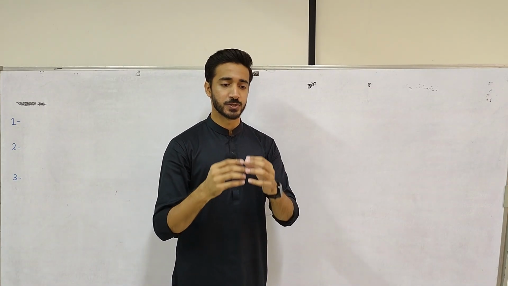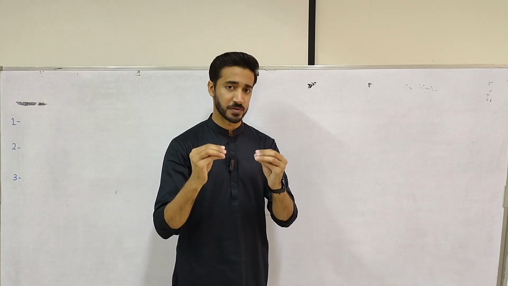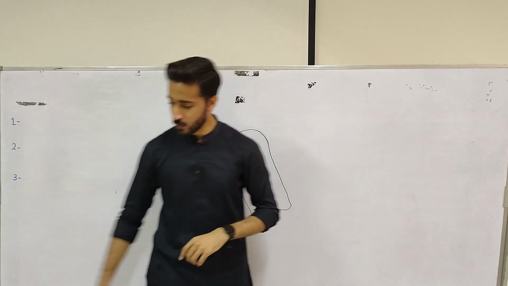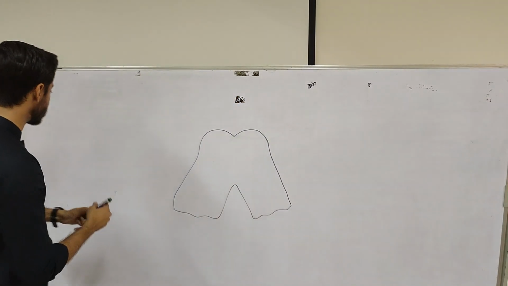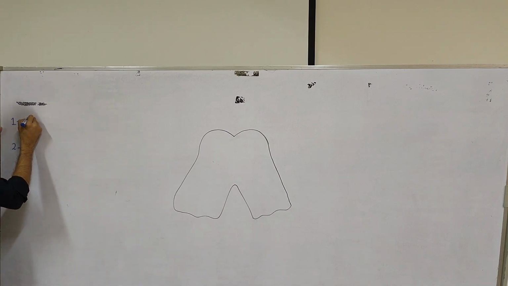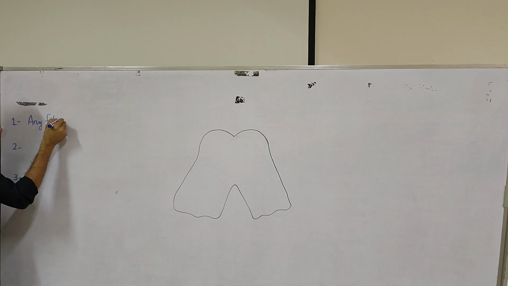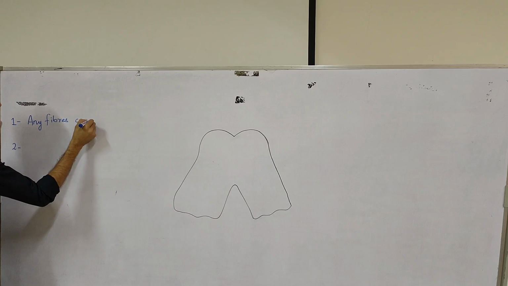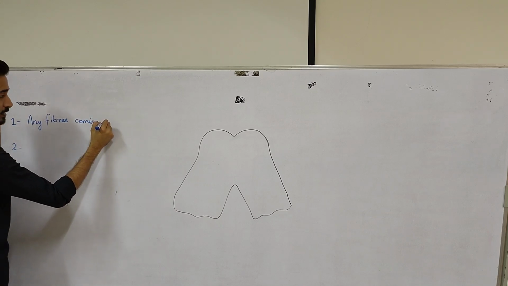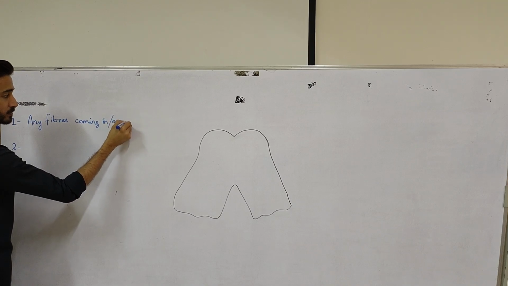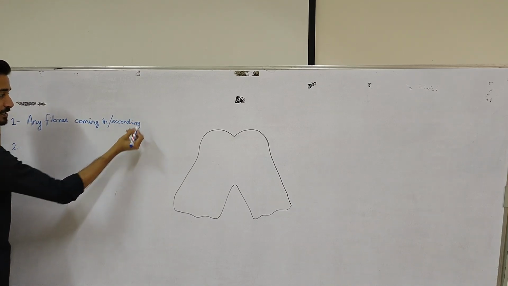Right? So before we begin, there are certain ground rules that you need to know in order to draw a cross section. For any cross section of any part of the brainstem, you need to consider three or four things. What are those things? The first thing is any fibers or any tract coming in, or ascending fibers.